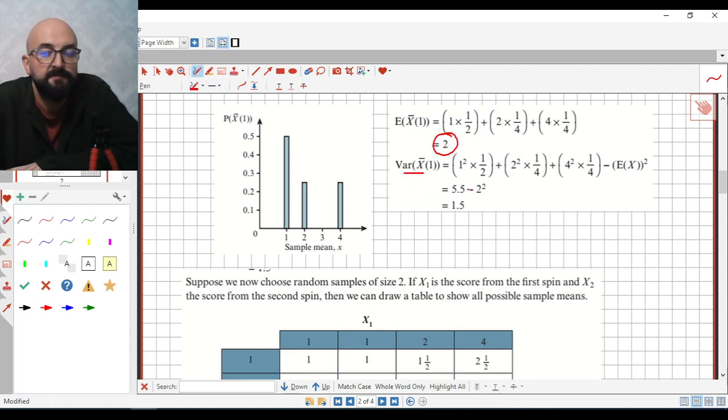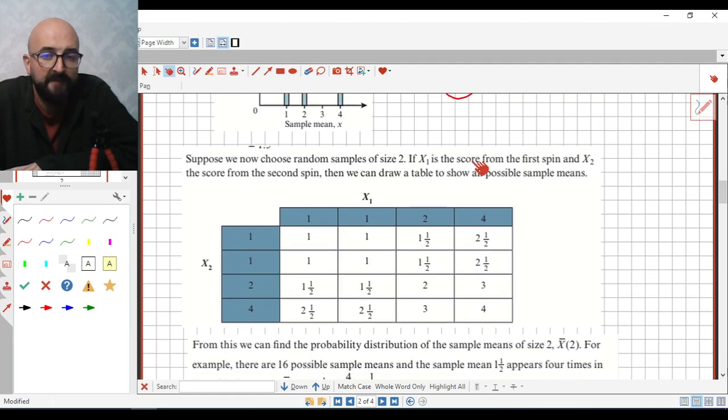For the variance, please remember the formula: 1 squared multiplied by the probability of 1, plus 2 squared multiplied by the probability of 2, plus 4 squared multiplied by the probability of 4, minus the expectation squared, and it equals 1.5.